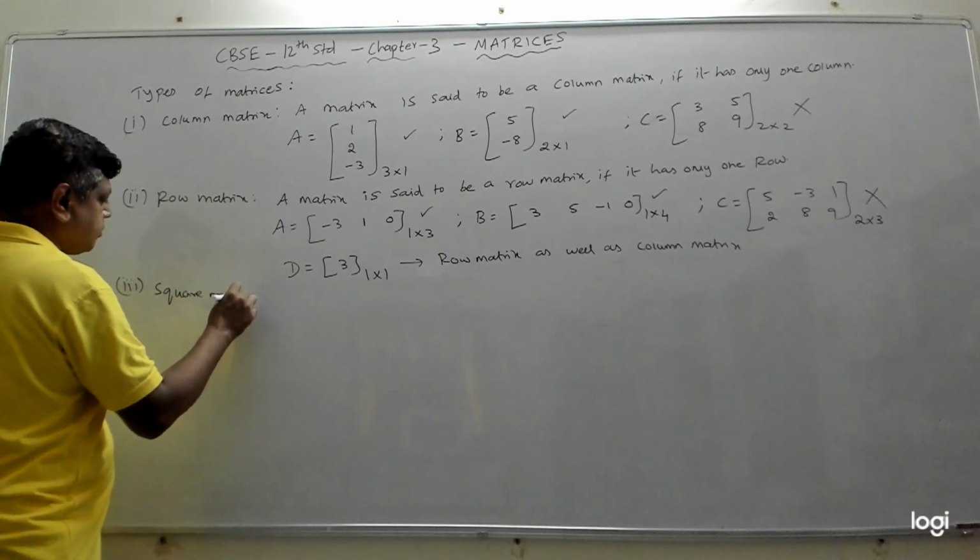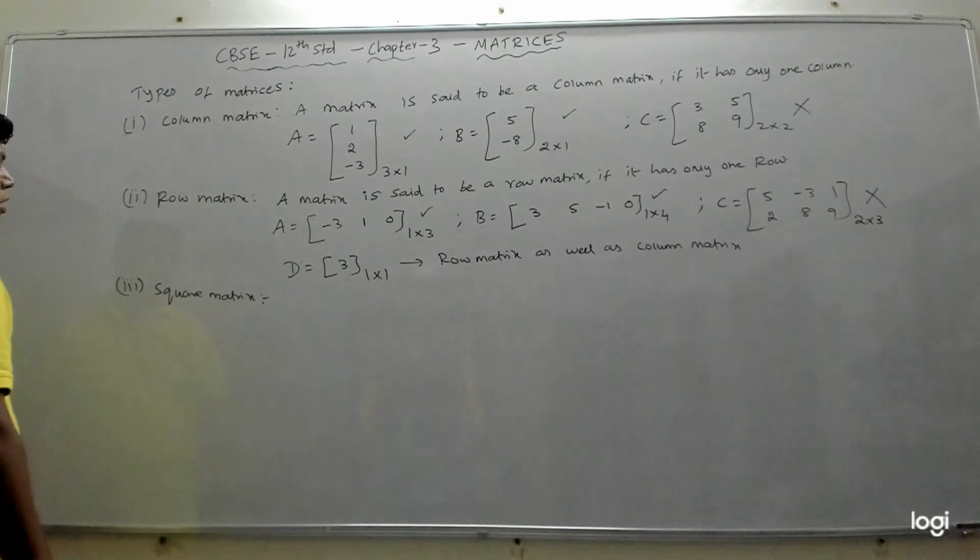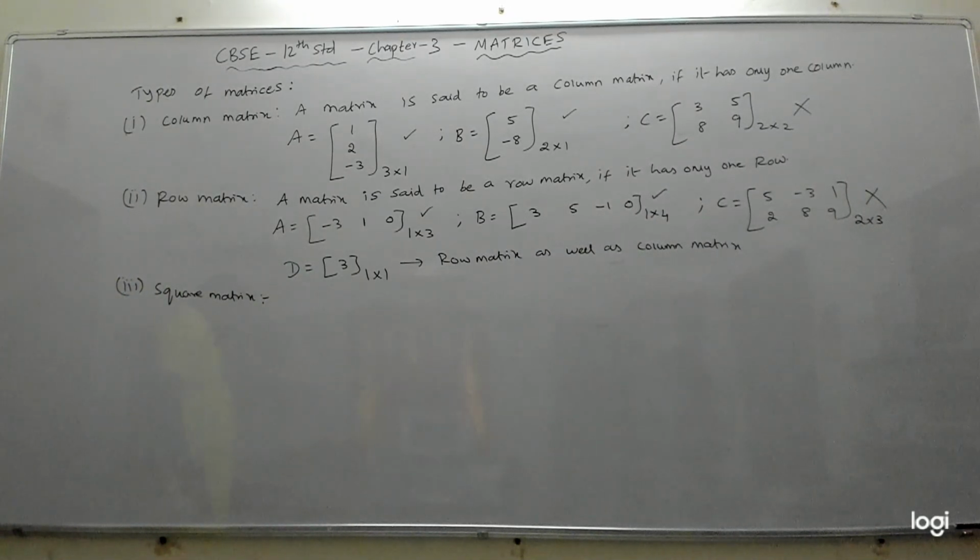Square matrix. What is the definition of a square matrix?